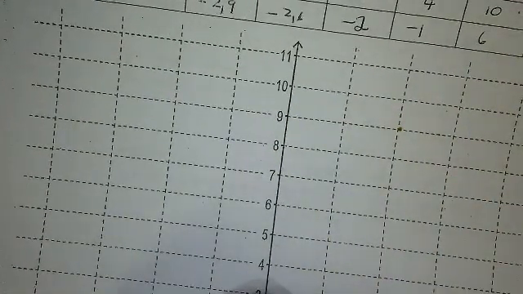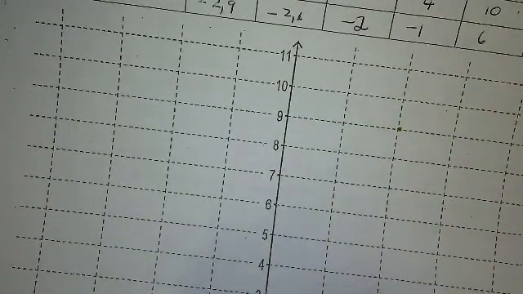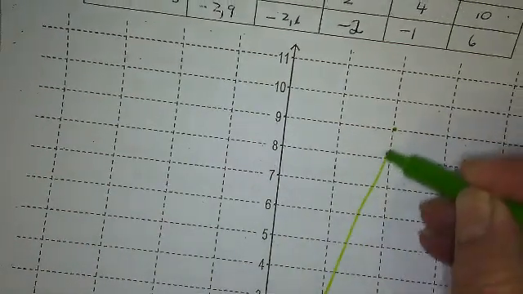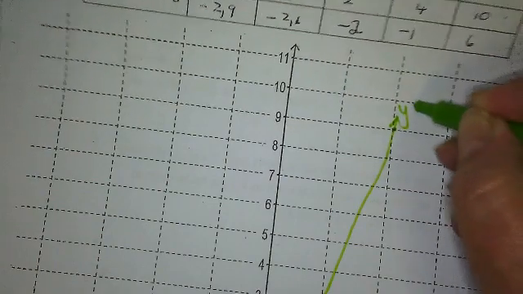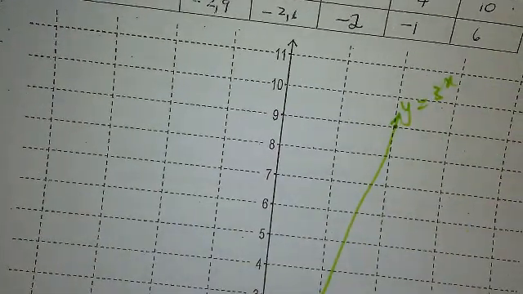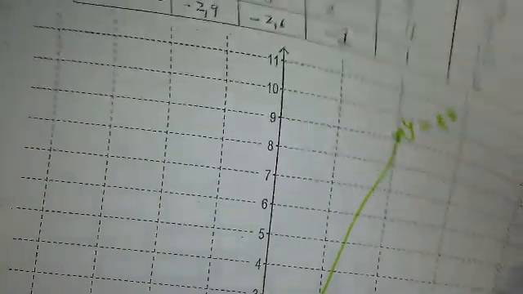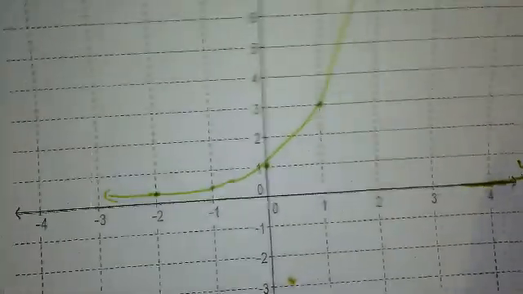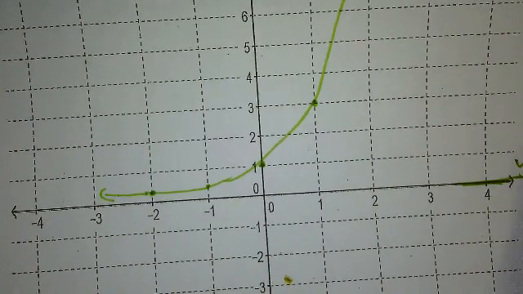So remember also to write this down. So that's your basic one. That's 3 to the y is equal to 3 to the x. Once again, you can see your asymptote will be y equals 0. So that's the first one. So you've got your asymptote, y equals 0.